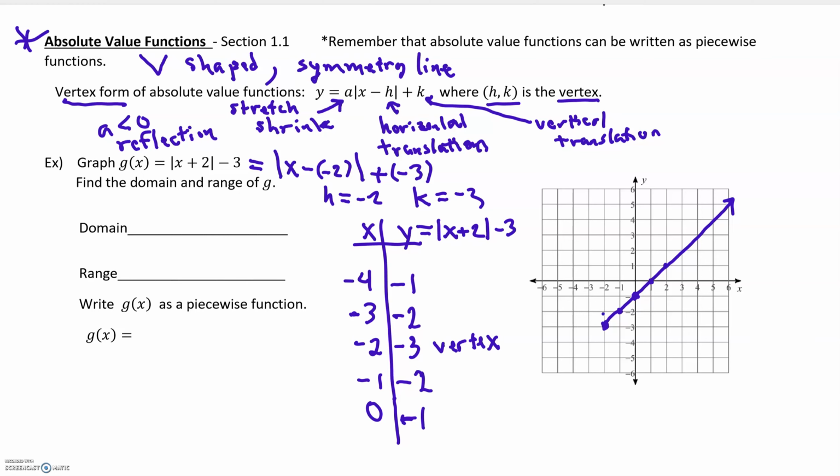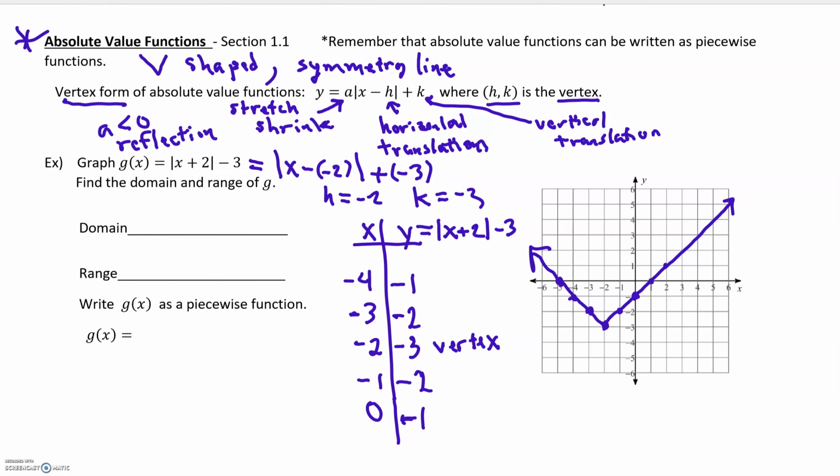And on the other half of the graph, we'll plot the point (-3, -2). We'll plot the point (-4, -1). And then (-5, 0). And over on this left half of the graph, we're following a ray with a slope of -1. All right, we're going to identify the domain and the range.